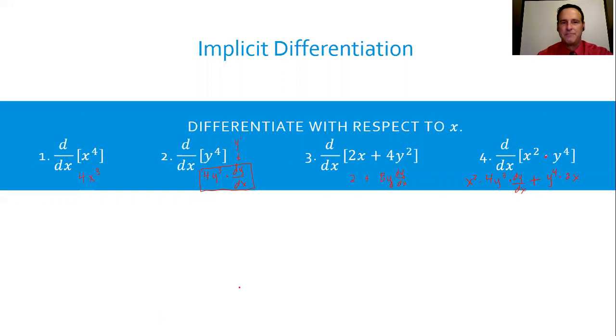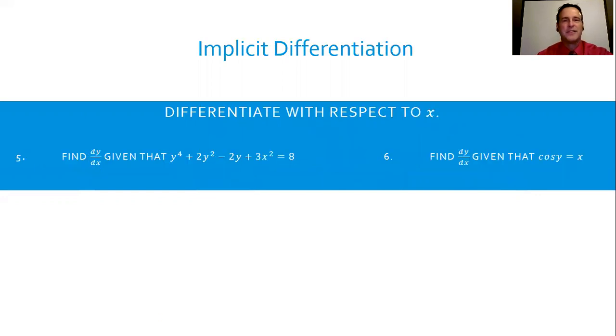All right. Very good. As we move on, it says differentiate with respect to x, and you'll notice that I've got a bigger equation. And so I'll just start off at the beginning, find dy dx. Now, this is being done with implicit differentiation, as opposed to explicit, and we'll talk about that in a second.